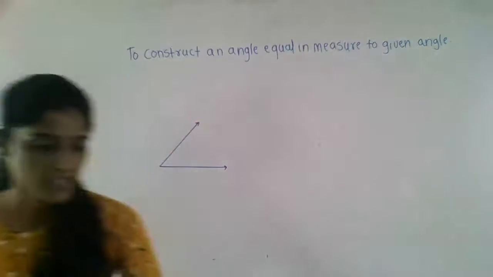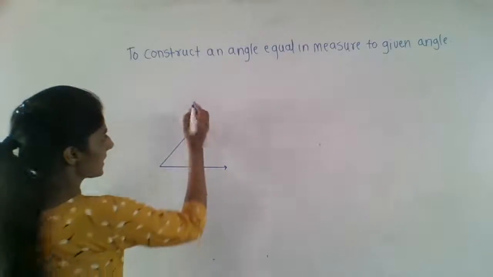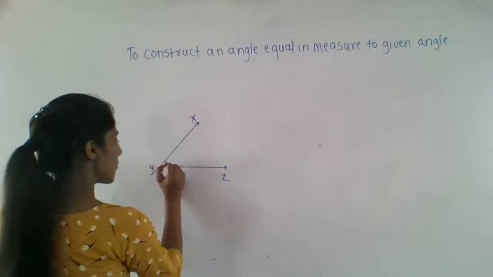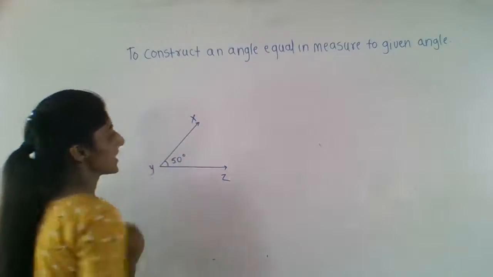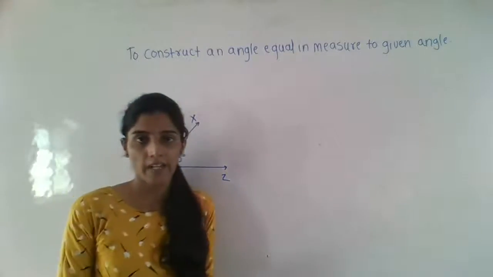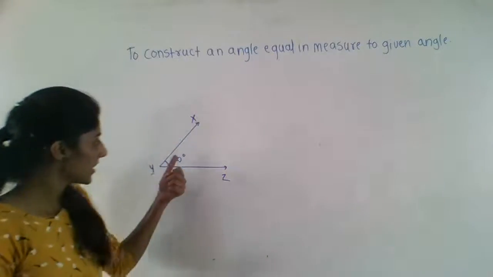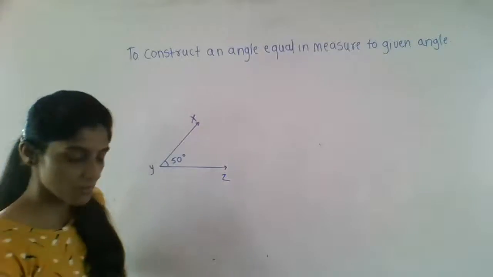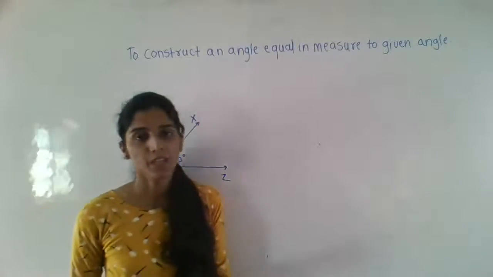This is the angle. Name this angle XYZ. This is the angle of measure 50 degrees. Now we want to draw another angle equal in measure to angle XYZ. What is our first step? Suppose we want to draw angle ABC.